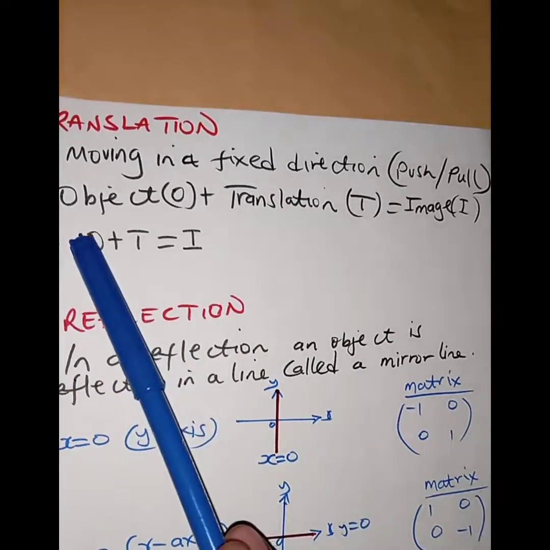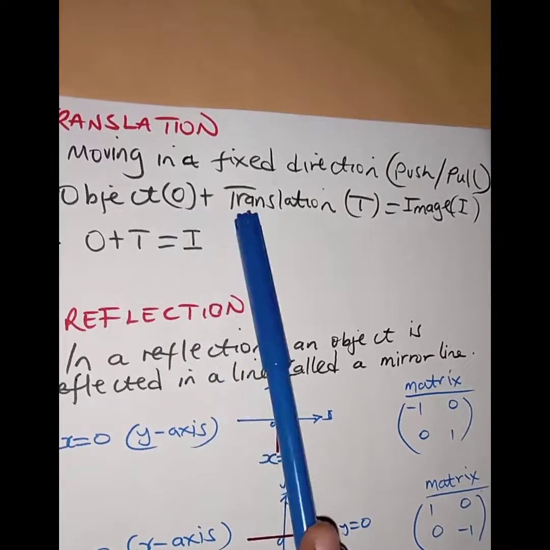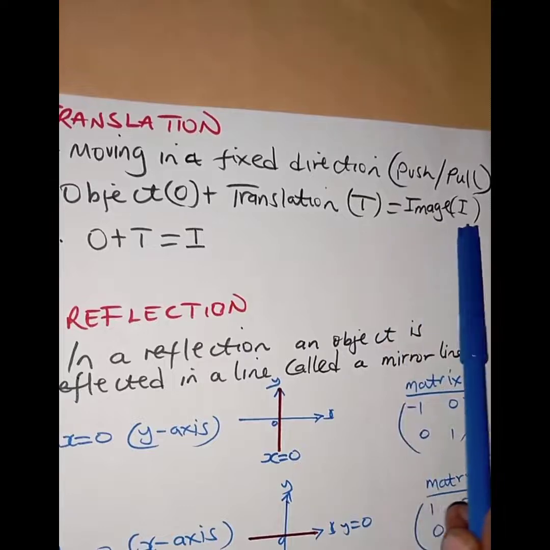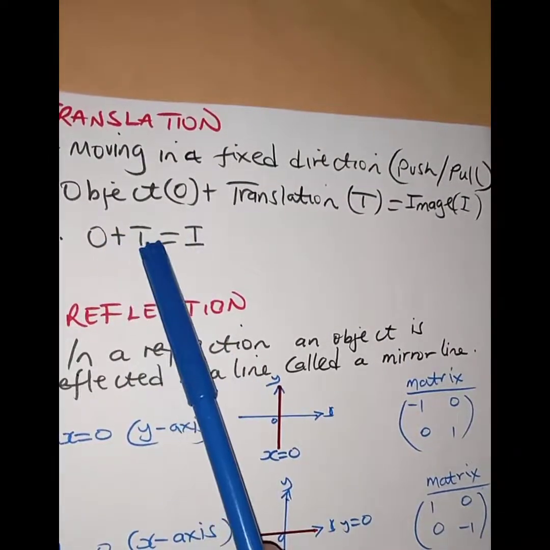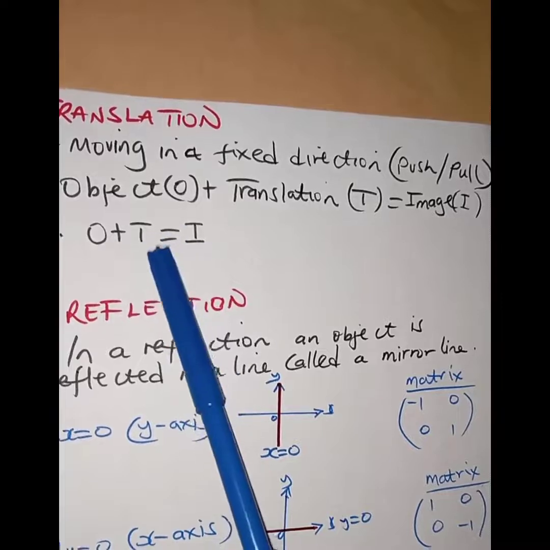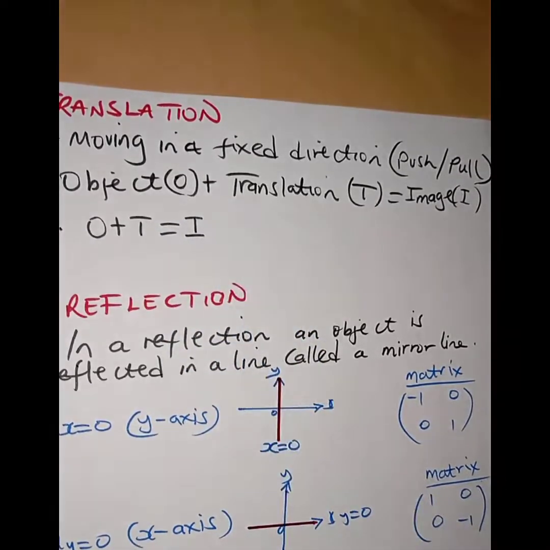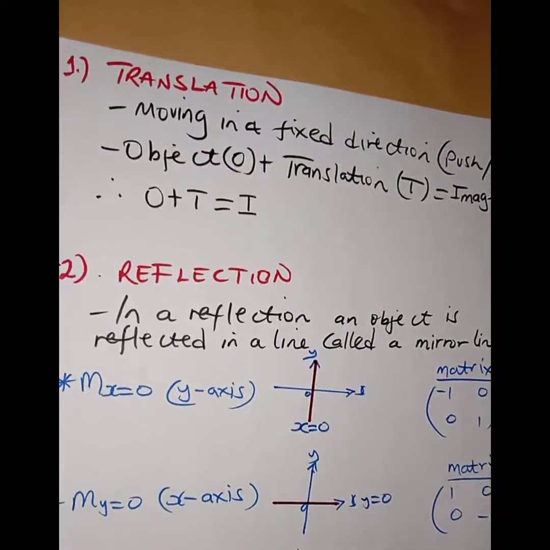So we have the formula that we use. The object plus the translation, which is T, gives you the image, which is I. So object is O, plus T, the translation, is equal to image. So look at examples for each of these types of transformation.